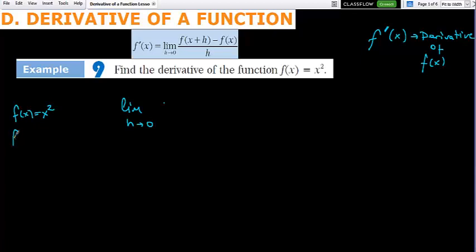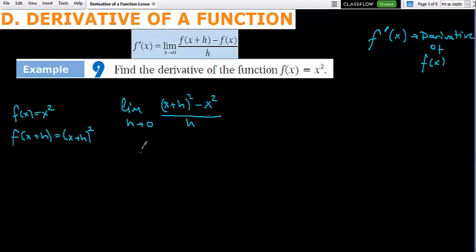What about f(x plus h)? F(x plus h) is going to be equal to, when you have x plus h instead of x, you have to write in the function also x plus h instead of x. So it's going to be equal to (x plus h) squared minus f(x), which is x squared, over h.